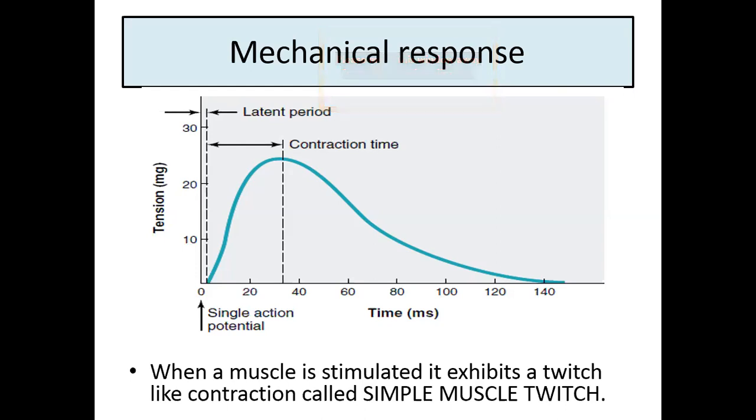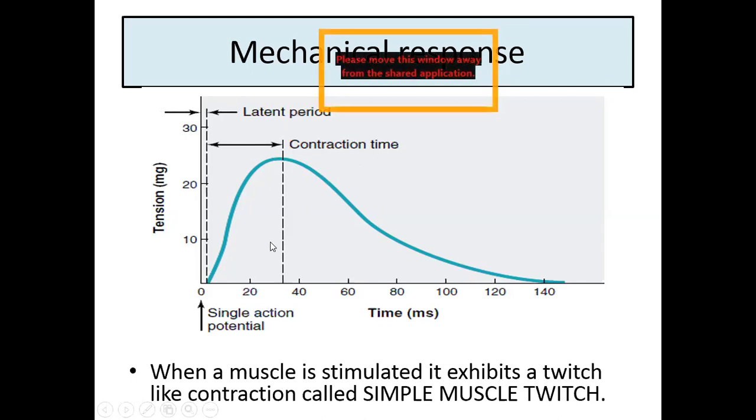Now, following the latent period, you observe that the tension starts to increase. The muscle tension starts to increase, and that period is called the contraction period. That is from the beginning of the increase in tension to the maximum increase in tension.